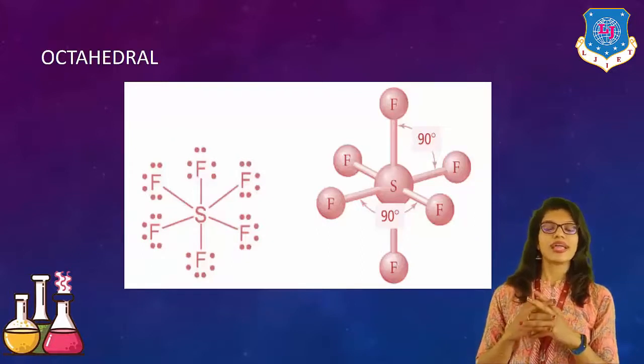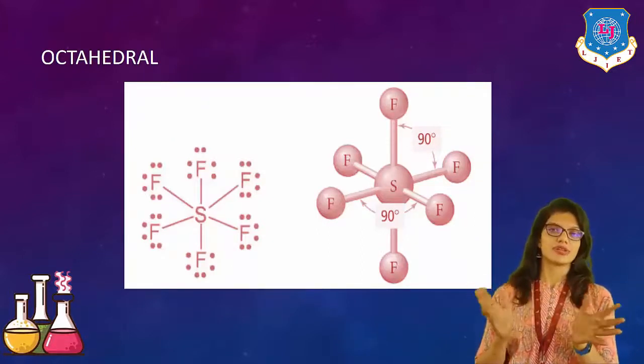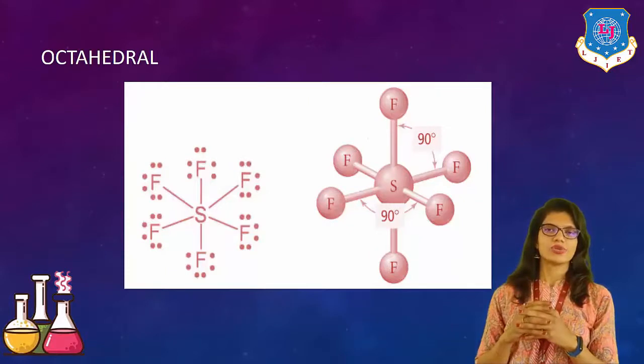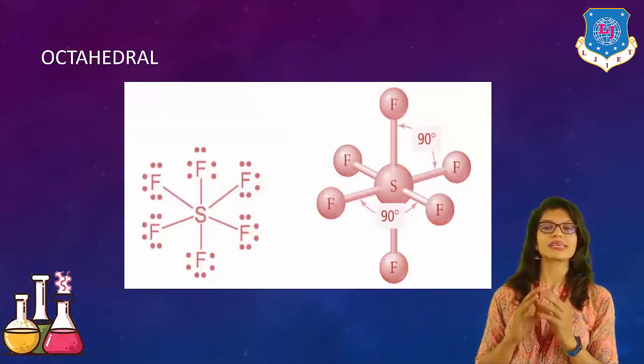Next shape is octahedral. In octahedral, we can take the example of SF6. The central atom will be attached with another 6 atoms here. As you can see in the image, SF6 has the bond angle of 90 degrees.